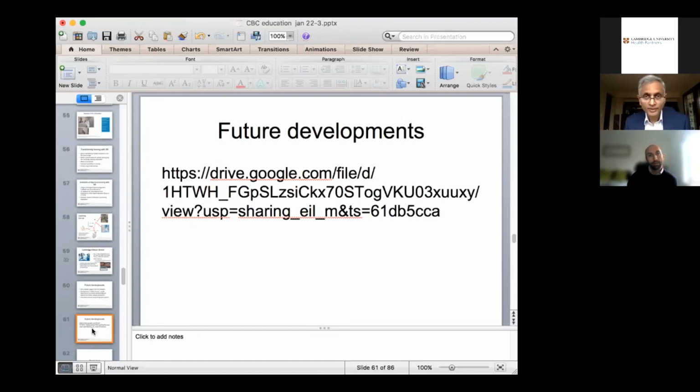So it's something that the NHS Leadership Academy have been very active in trying to develop. And ourselves on the CBC side, we've been fairly active in developing clinical leaders.